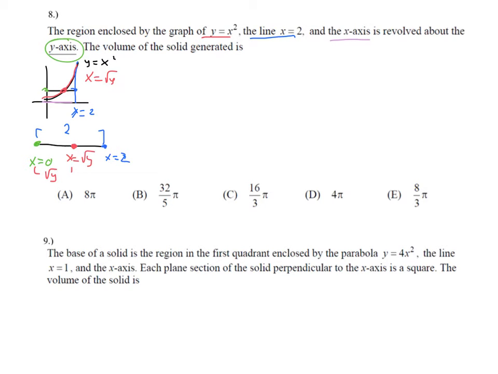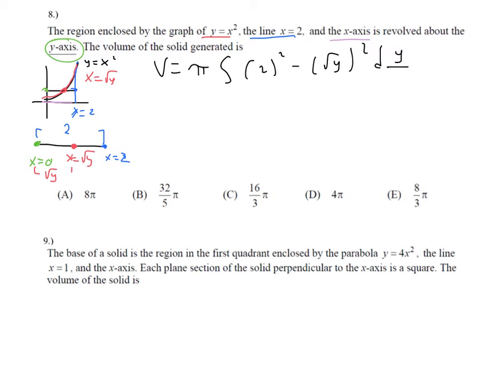So now when we go to write our definite integral, volume is equal to, because we're revolving it and we're going to be taking the area of circles, pi times the definite integral of our outside radius squared minus the inside radius squared with respect to y, because our integral has y's.